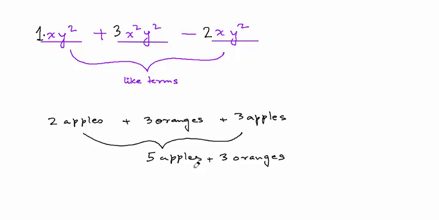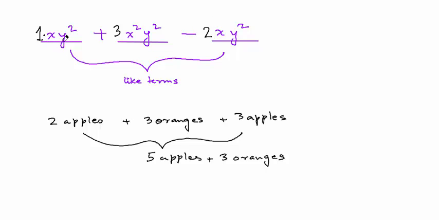The idea is, in algebra, you can combine like terms, just like you can combine apples with apples, and you cannot combine unlike terms, which means you cannot add or subtract unlike terms, because you cannot add or subtract apples with oranges. And the way to do that is just to add up the coefficients of the like terms together with the signs.